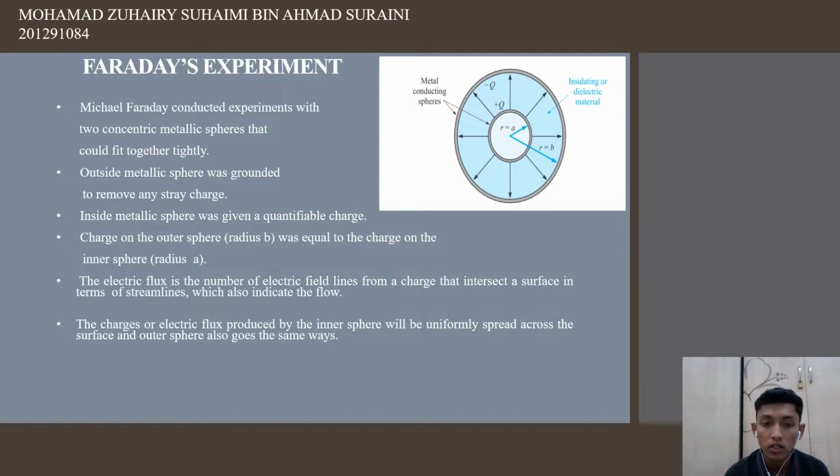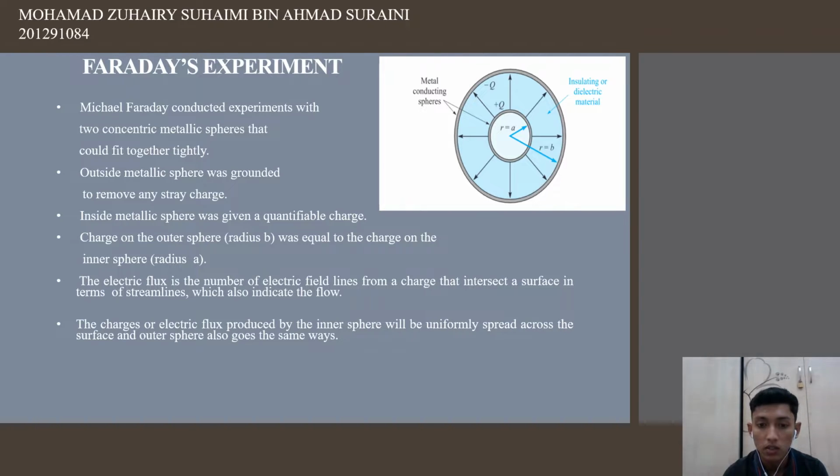The electric flux is the number of electric field lines from a charge that intersect a surface, in terms of streamlines, which also indicate the flow. The charge of electric flux produced by the inner sphere will spread uniformly across the surface, and the outer sphere goes the same way.